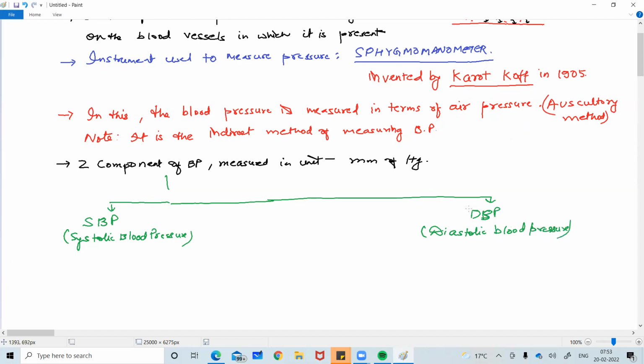So if you can measure these two pressures, you can find out the blood pressure. Okay, so that's simple.